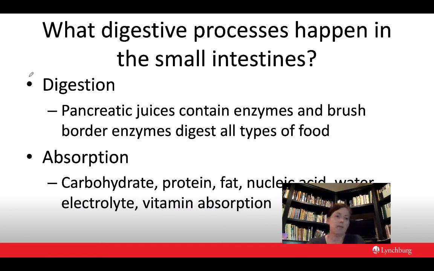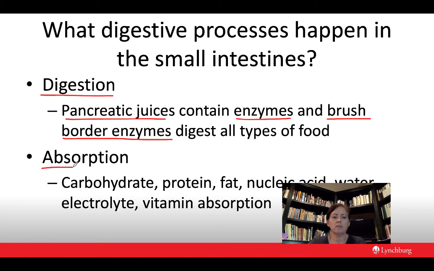We also have digestion happening in the small intestines. Pancreatic juices contain lots of different enzymes, and we also have those membrane-bound enzymes in the brush border along the interior of the small intestines that help us digest all types of food that we eat.